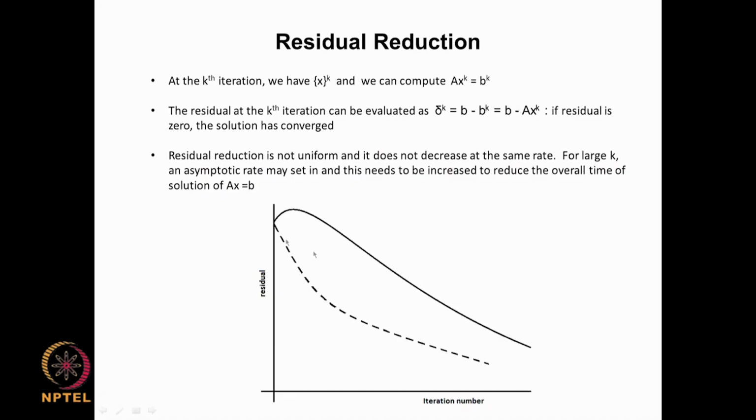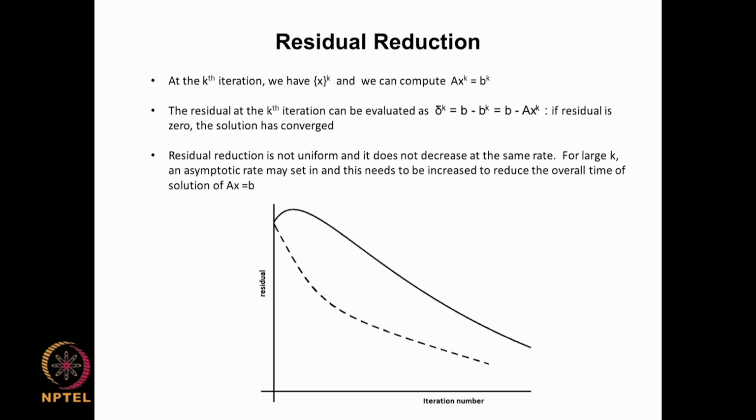Okay. So this is the kind of error reduction that we can expect, and for large values of the iteration number, the residual decreases at a constant rate, and that constant rate is expressed like this.